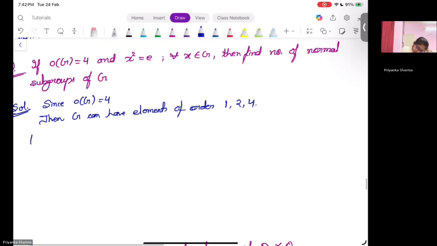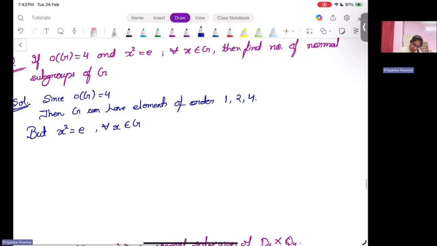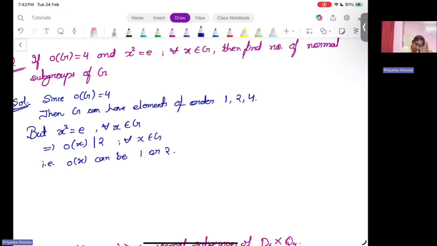Okay. But x square is identity for all x belongs to G. This implies that the order of x divides 2 for all x belongs to G. That is, the order of x can be 1 or 2.